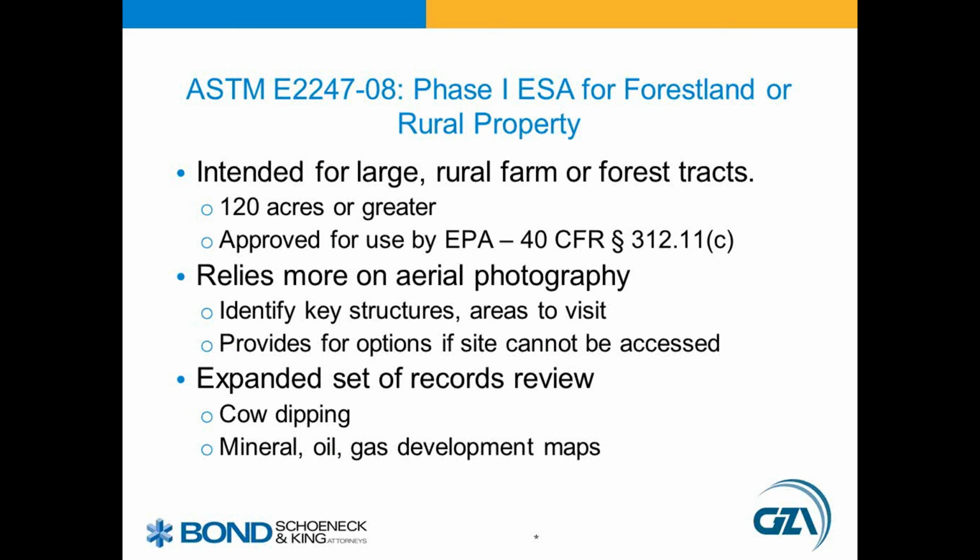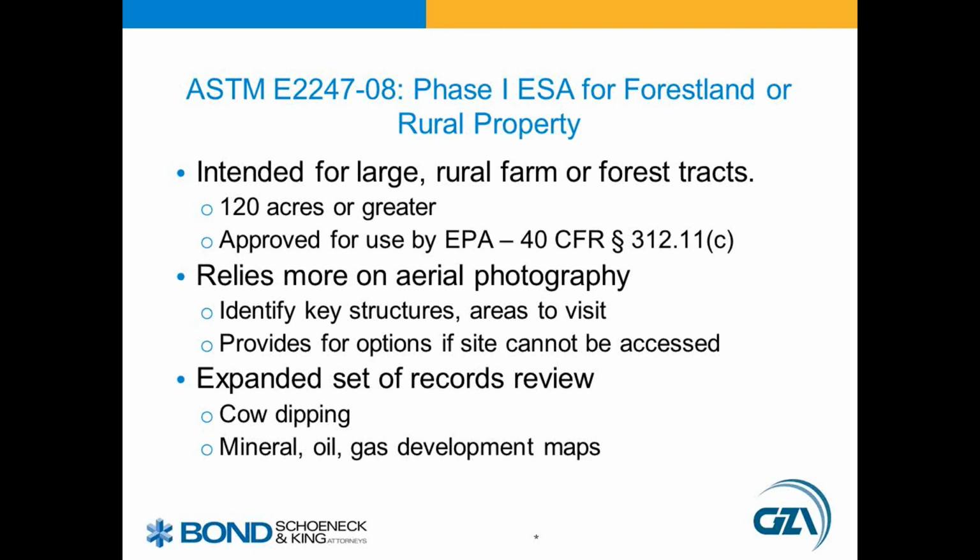That can include remote viewing from off-site. One of the more interesting parts of this standard is an expanded set of records review. In the early 1900s, there was an outbreak of Texas fever throughout the southern and Midwest states and even beyond in cattle. And it was determined that this fever was spread by ticks on the cattle. The states started in 1906 to enact compulsory laws requiring treatment of cattle for the ticks.